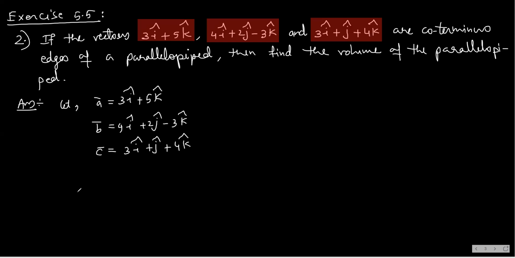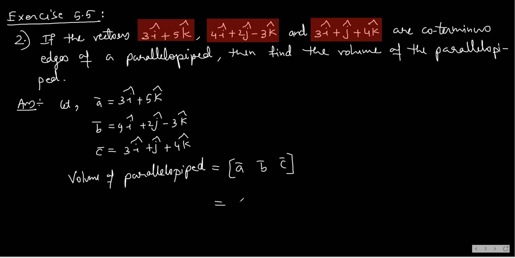Now you will write: volume of parallelepiped is equal to box product A bar, B bar, C bar. And then you will write the determinant which I spoke about.